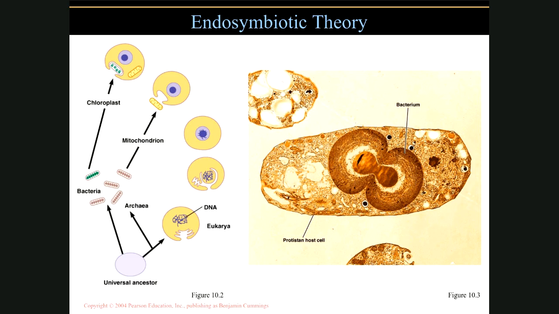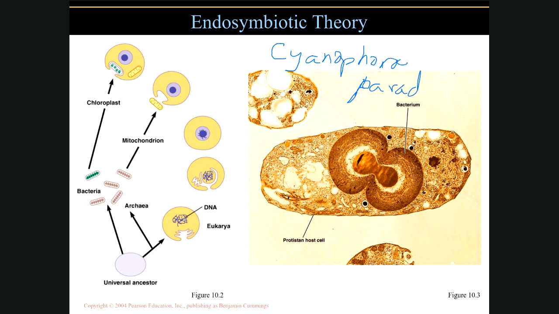A real life example that exists today is this organism that we see here. And this organism is a real one. Its name is Cyanophora. Oh, it's an R in there. Cyanophora paradoxa.